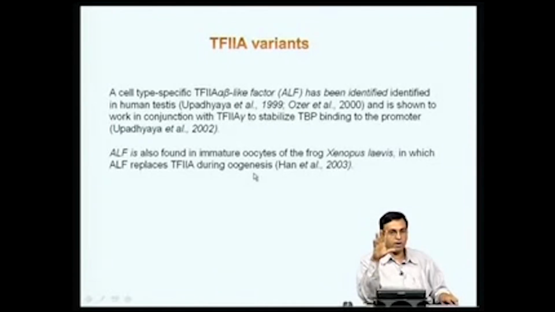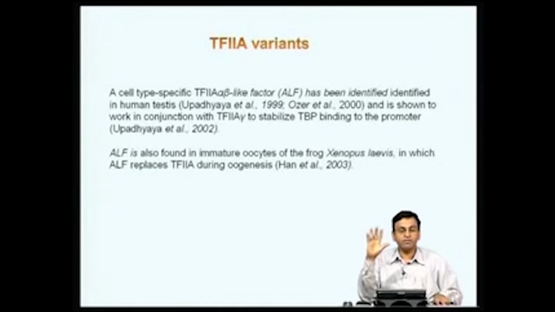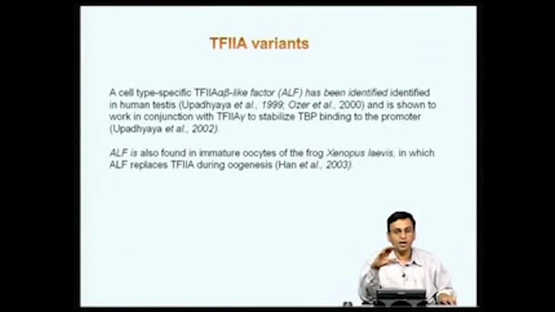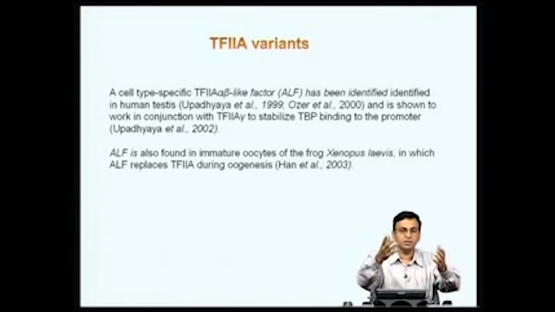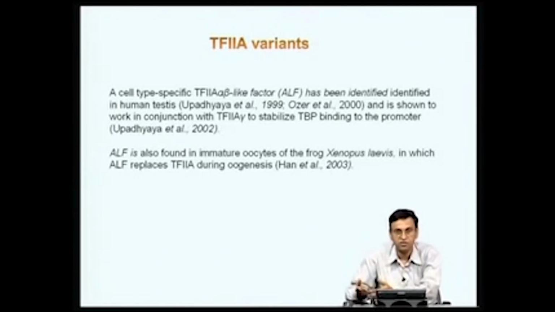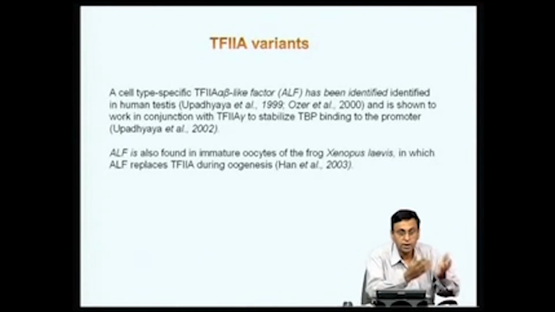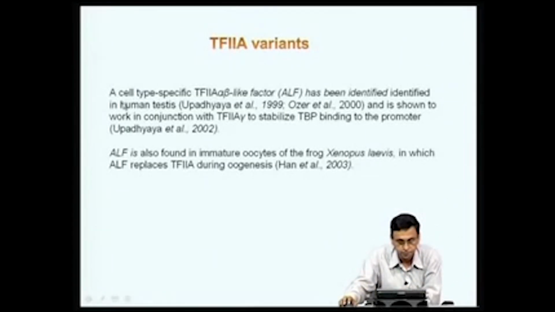Now, what I told you so far is that at specific stages during development or at specific stages during differentiation in specific tissues, especially nervous tissue, gonadal tissues, etc., specific variants of general transcription factors are expressed, and such variants, in conjunction with certain upstream activators, can activate a subset of genes contributing to a specific differentiation program, like muscle differentiation, gonadal differentiation, nervous system differentiation, and so forth.